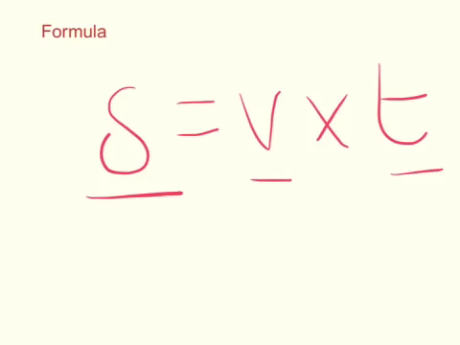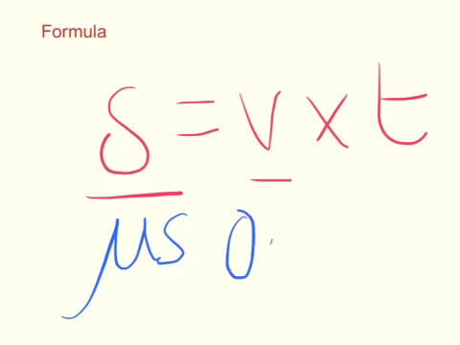Now, the times can be so short for ultrasound that we need to use a new symbol, the microsecond. It looks like a U with a longer tail. The microsecond is 1/1,000,000th of a second, so that's a 0 with 1, 2, 3, 4, 5 zeros after it.